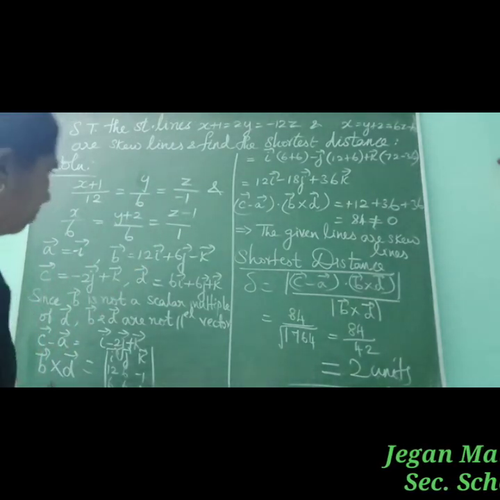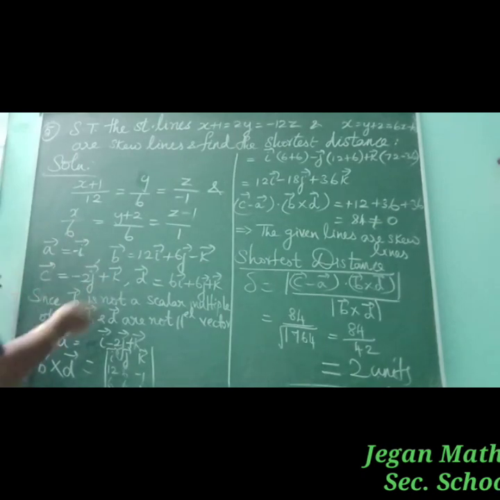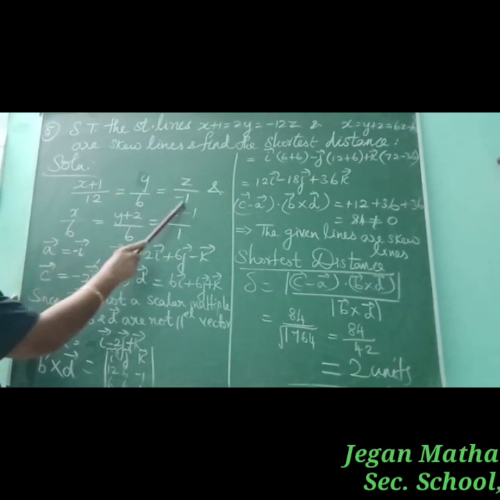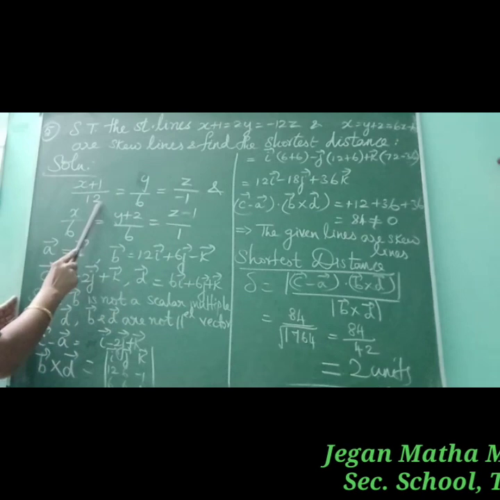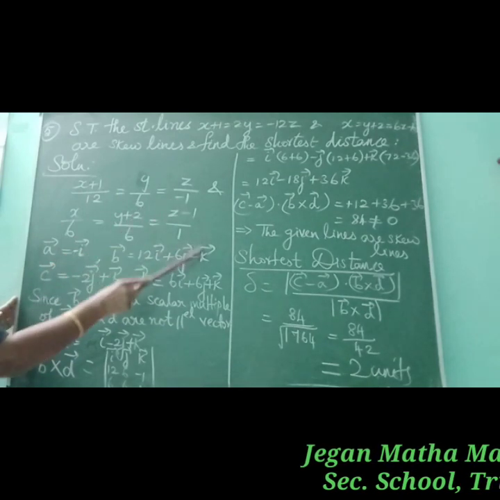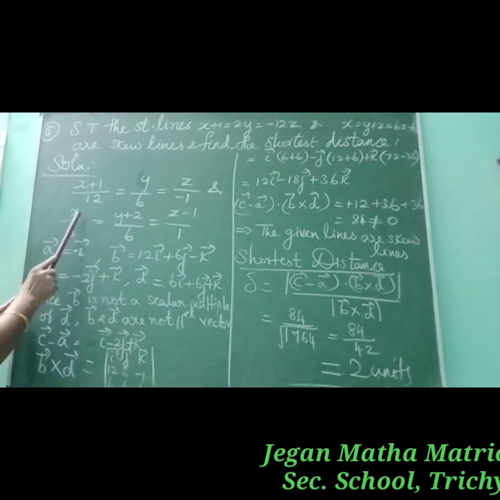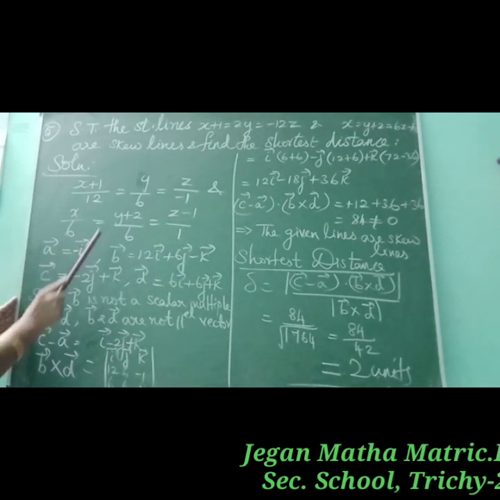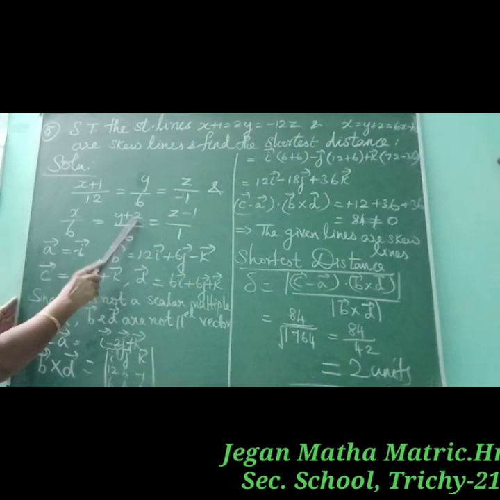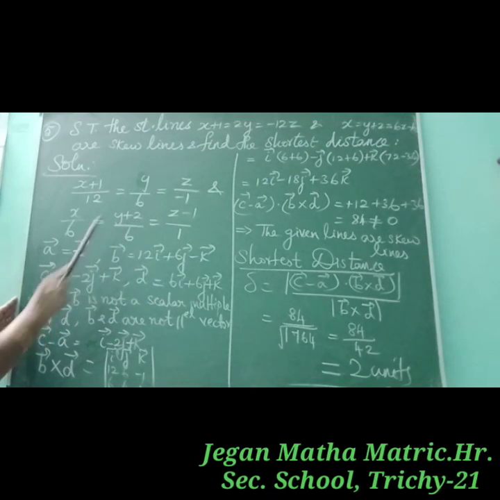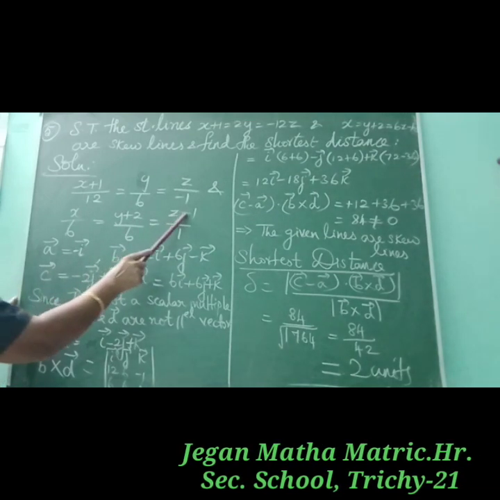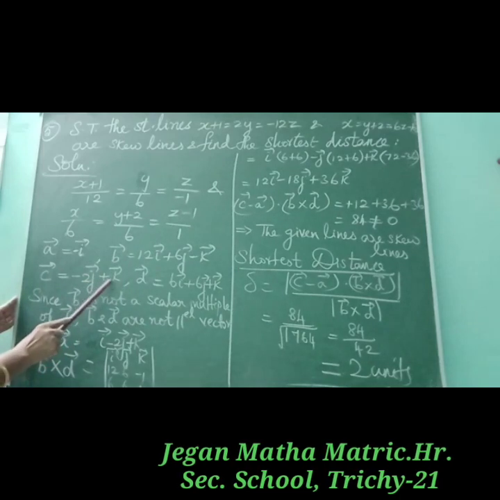The second one, b vector. All the denominator values represent the b vector: 12i plus 6j minus k. Then c vector is equal to, here x1 is not there, so 0; y minus y1, since it is plus, we take minus 2j; z minus 1, so plus k.